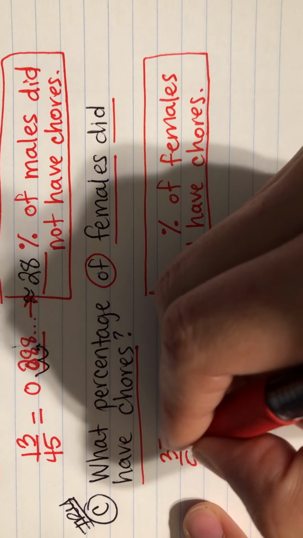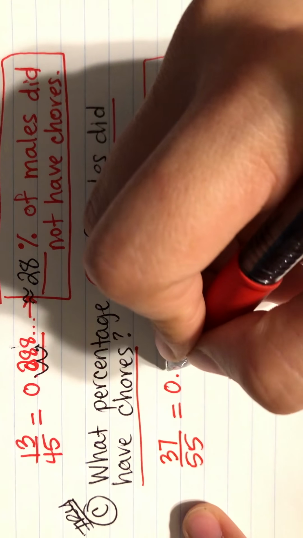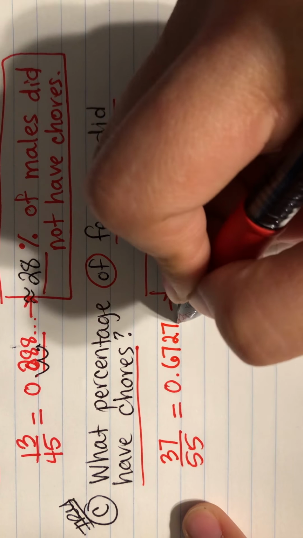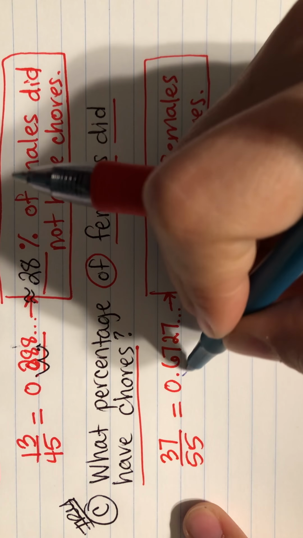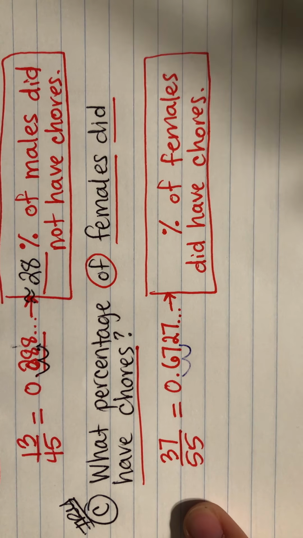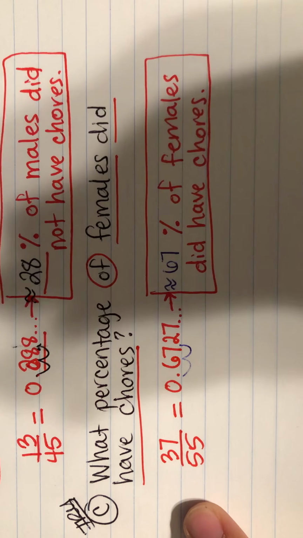So 37. When you divided 37 by 55, you should have gotten 0.6727, and the decimal continues. Moving it over to the right twice gives us approximately 67%.